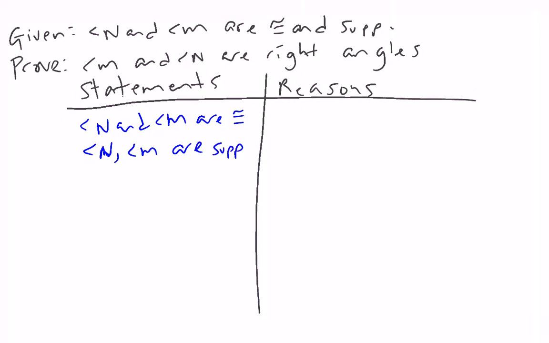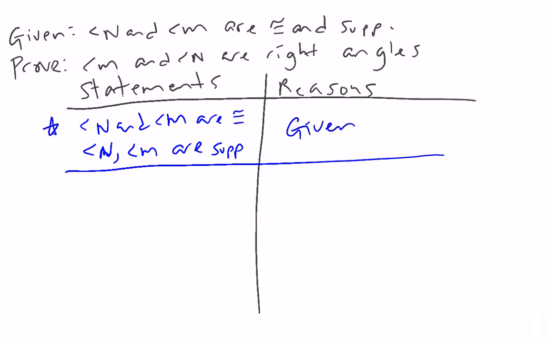So I have two pieces of information. I am personally going to start with the first thing that we were given and see what I can get from that. If we just started with that, those are congruent, then I can say that the measure of angle N is equal to the measure of angle M, and that's by definition of congruent angles.